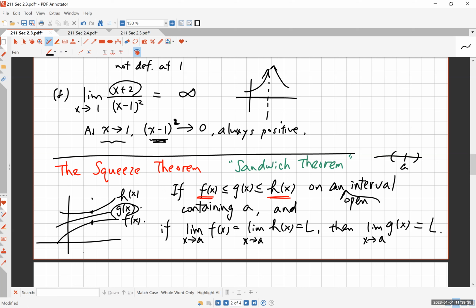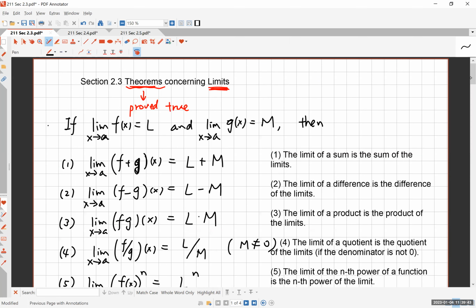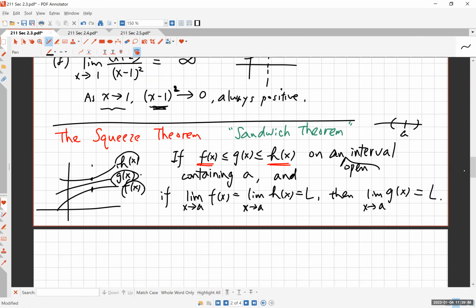I mean, if h is the top piece of the bread and f is the bottom piece of bread and g is your ham or egg in the middle, and if you bite this, here's your top teeth, here's the bottom teeth, g is going to stay between f and h, and as these approach L, then the middle one also has to approach L. So that's the idea of this squeeze theorem or the sandwich theorem.